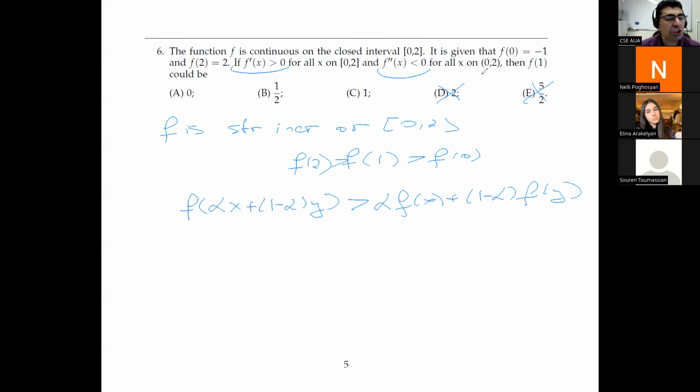Now, suggest to me a choice of alpha, x and y which will be useful in the framework of this exercise. What can we choose instead of x, y, alpha to get something about f(1), f(0), f(2)?